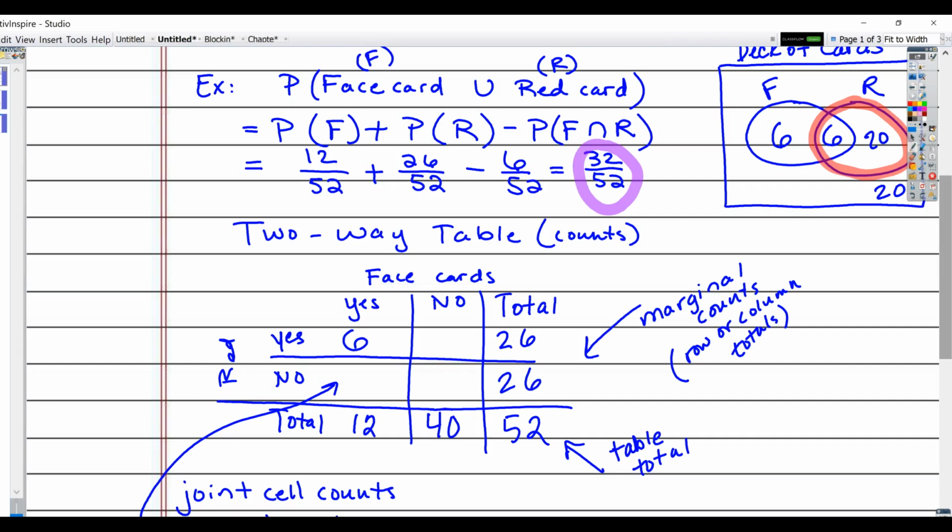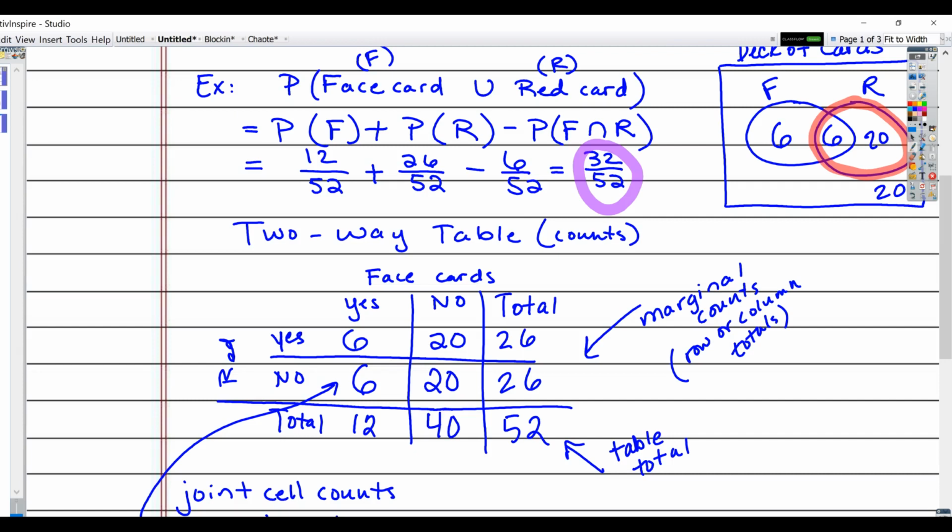The other 6 goes below the 6, because that's going to be red no, but face card yes. So red no is this 6 right there. And then face cards no would be how many? 20. So let's be clear. This 20 right here is no to both. So it's the intersection of no and no.